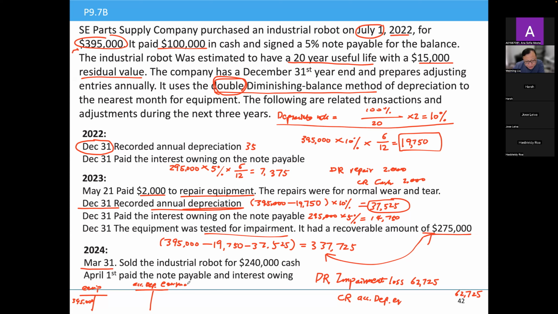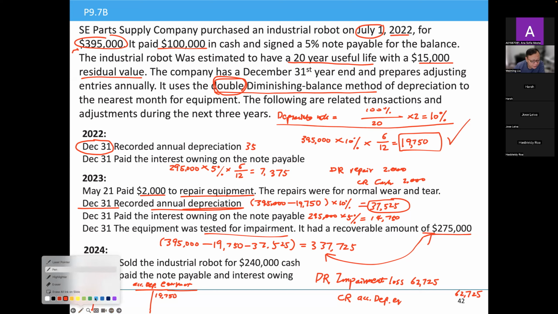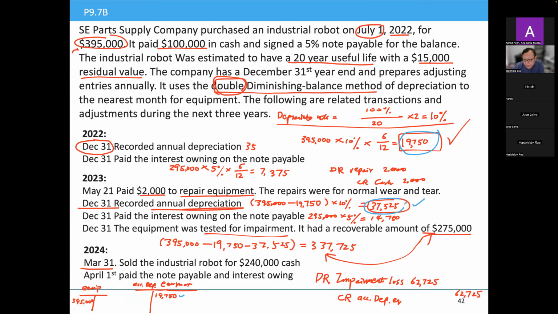So there's a bunch of journal entries made, right? The first year, I credit 19,750. Second year, 37,525.